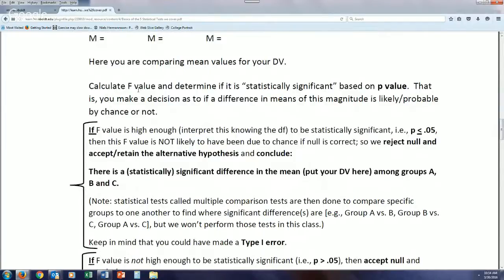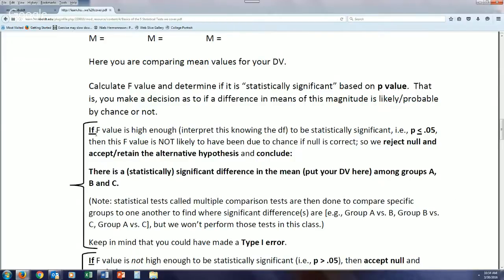Essentially, it's going to be looking at the variance between the groups relative to the variance within the groups and saying, hey, there's enough going on here to make these groups significantly different with regard to their mean. All you have to look at on the SPSS output is the p-value. Then with that p-value, you're going to make a decision to either reject or retain the null.